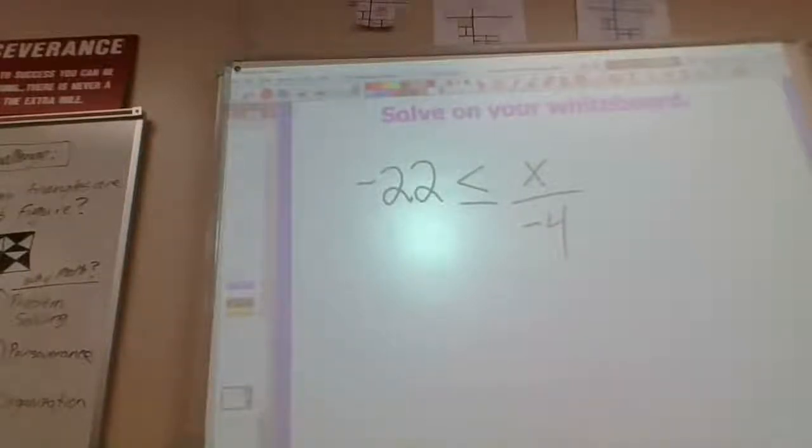You can start. Put it on the other side because the X can stay there. That's easy. Negative, a negative. Can I see that? Because I don't see inequalities.